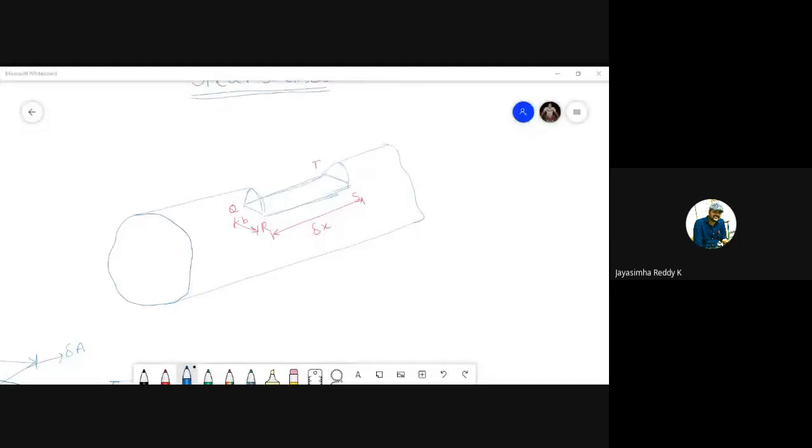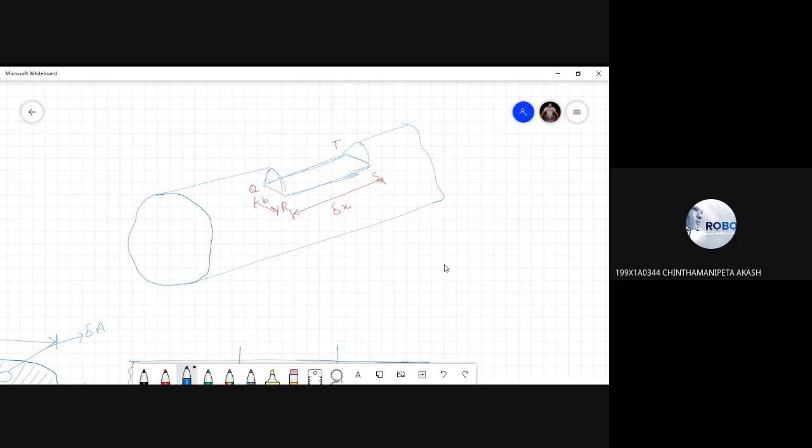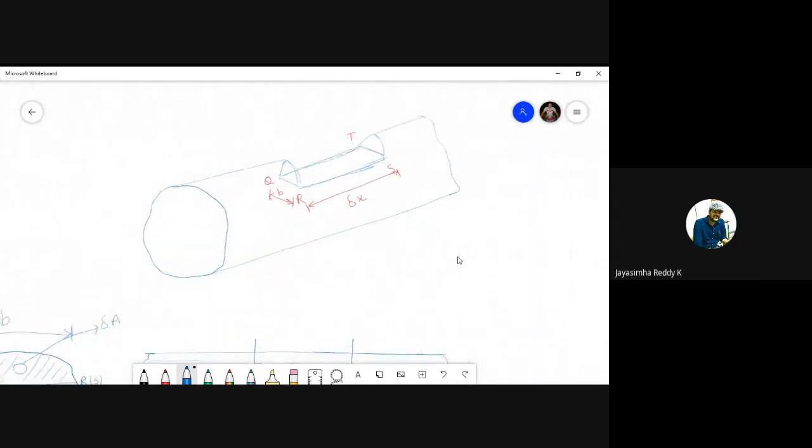What shear stress is and what bending stress is, you all have got an idea. Akash, sir, is it okay, Akash? Yes, sir. Okay.